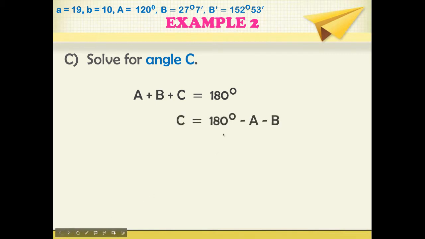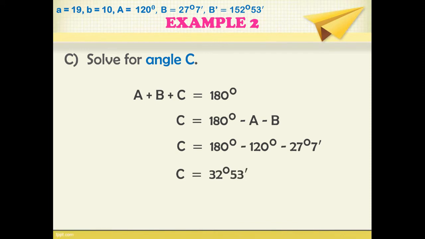So solving for angle C, that will be 180 degrees minus A minus B. By substitution, you get this. Therefore, angle C is equal to 32 degrees 53 minutes.